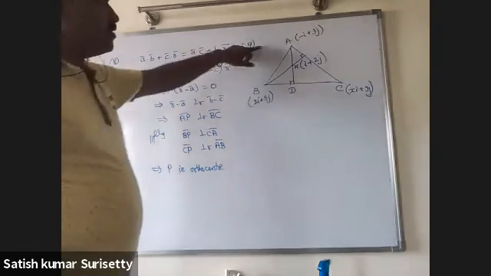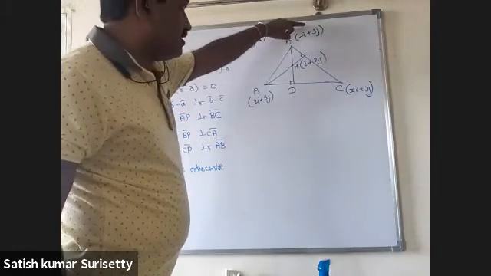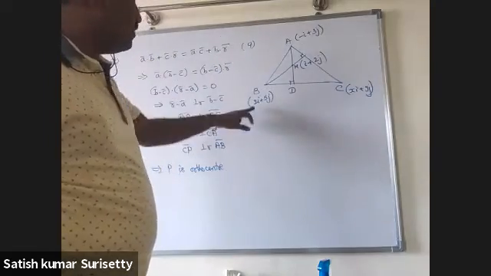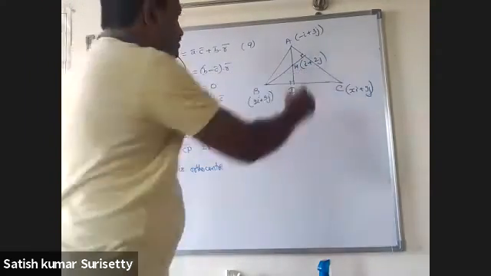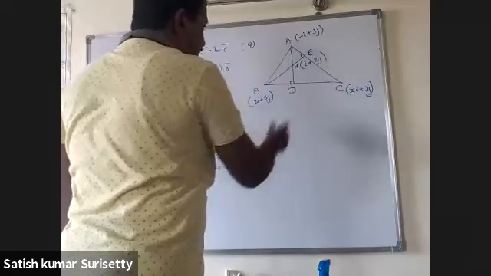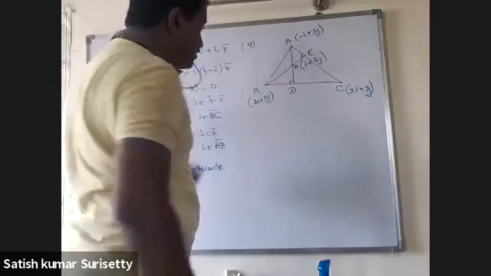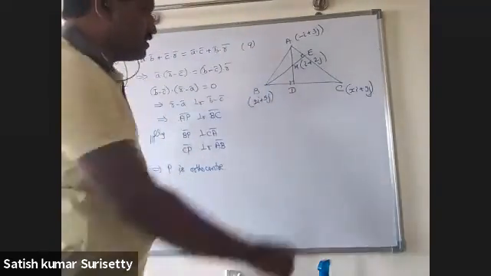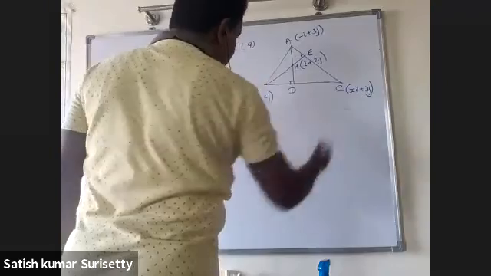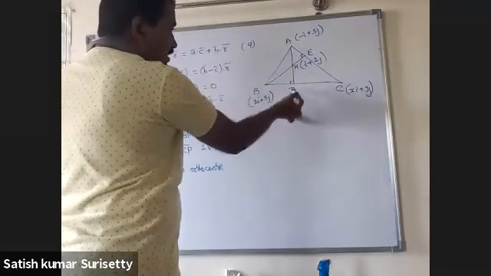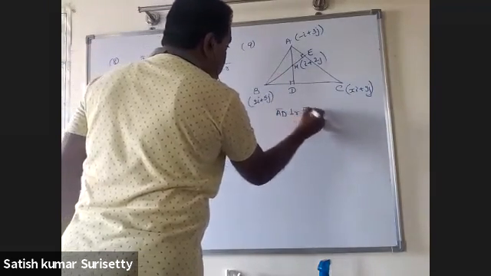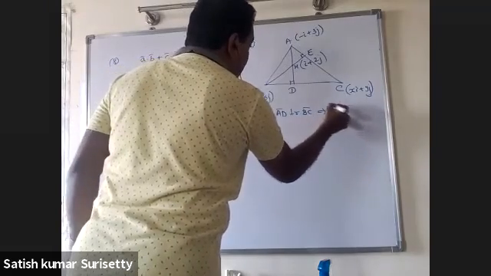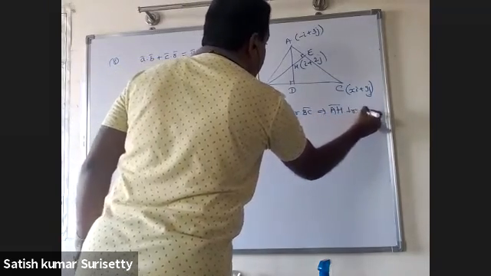In the ninth problem, take vertex A as minus i plus 3j and B as 2i plus 5j and orthocenter as i plus 2j. So AD is an altitude and BE is an altitude. Their point of intersection is the orthocenter. Let us take C as xi plus yj. Now, AD bar is perpendicular to BC bar, which implies AH bar is also perpendicular to BC bar.